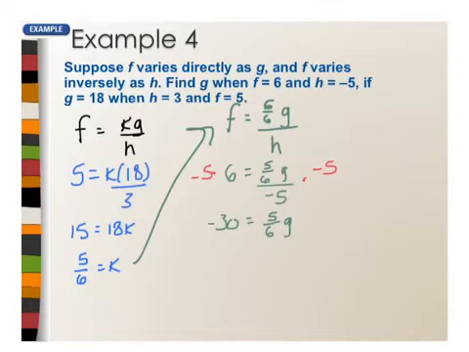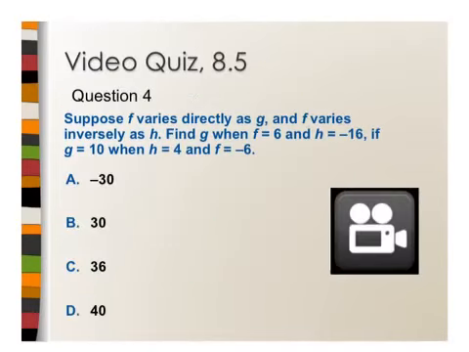And the quickest way to isolate the g there would be to multiply both sides by 6/5, because that's going to cancel out the 5/6, times 6/5, of course, is just 1. And to multiply 6/5 times -30, you can multiply across the top, multiply across the bottom, and that's going to end up giving you -36 is equal to g. This is your fourth video quiz question.